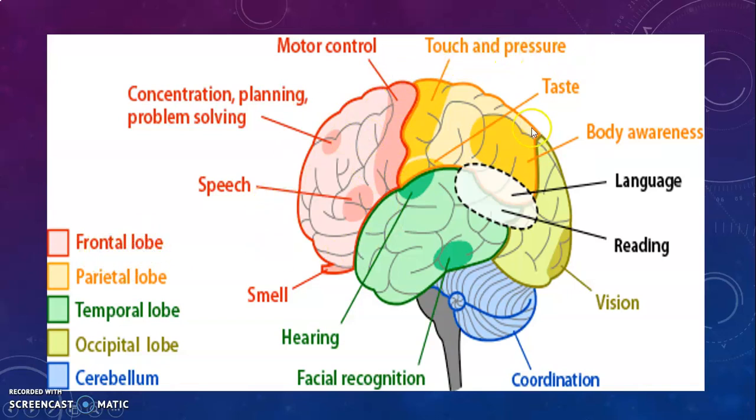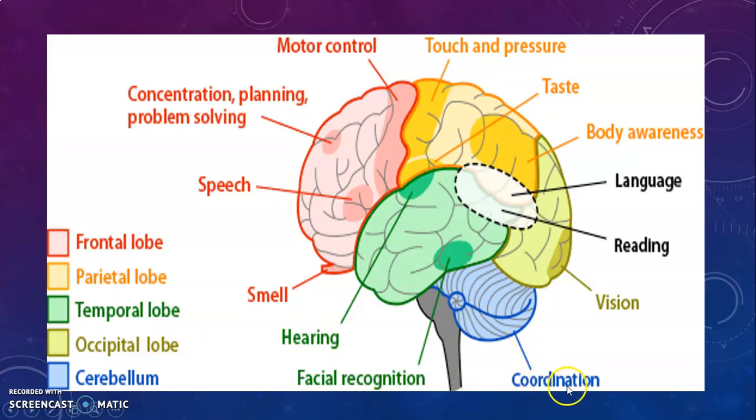Touch and pressure, taste, and body temperature are controlled by the parietal lobe. Language and reading involve the parietal lobe, temporal lobe, and the area between them. Hearing and facial recognition are carried out by the temporal lobe.